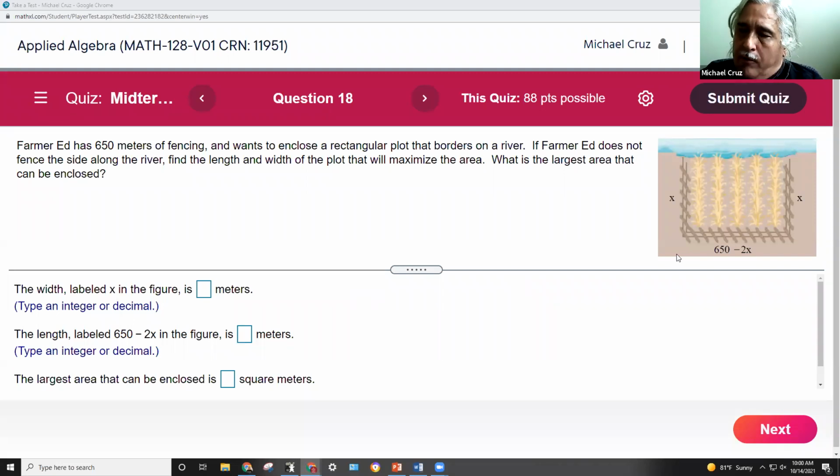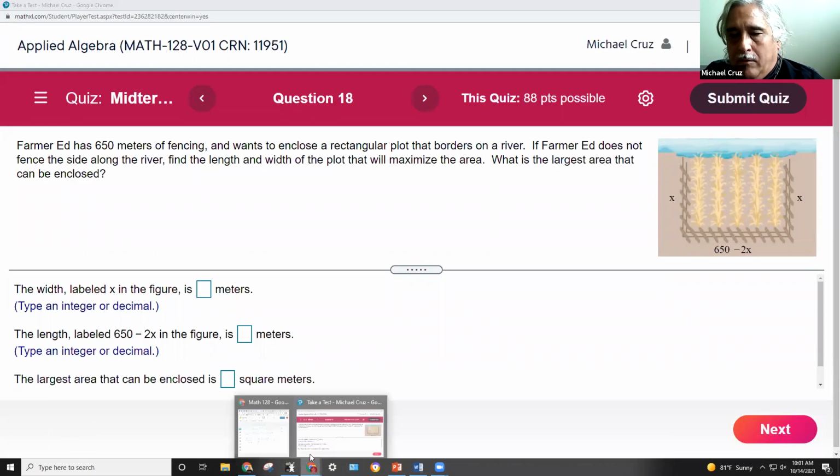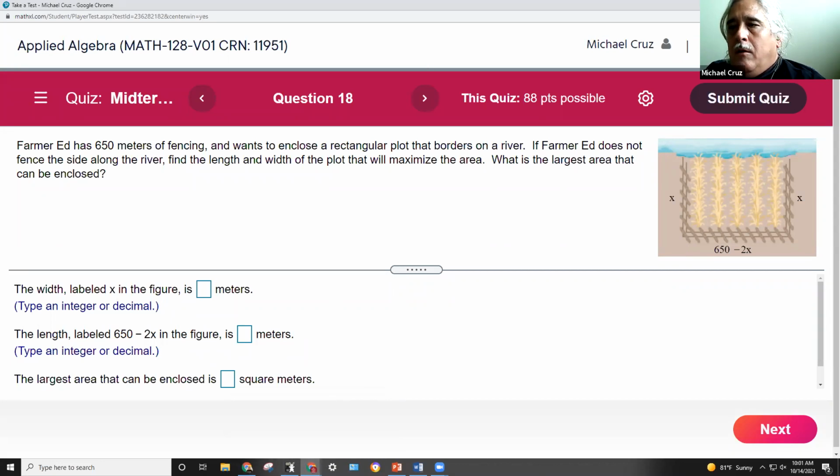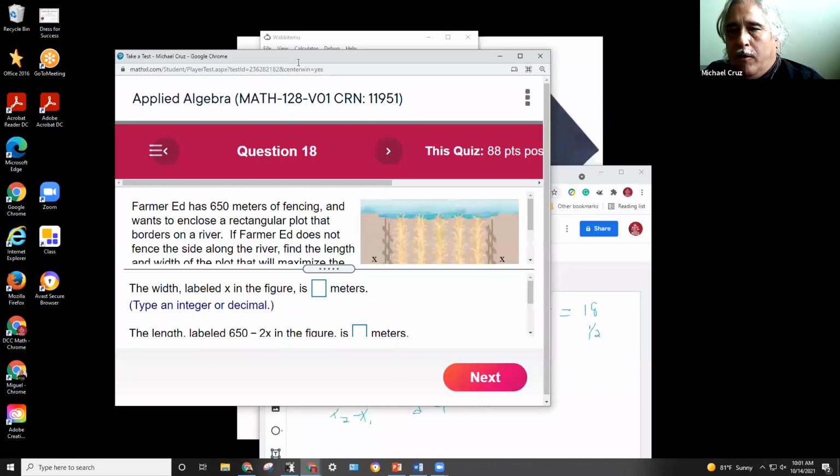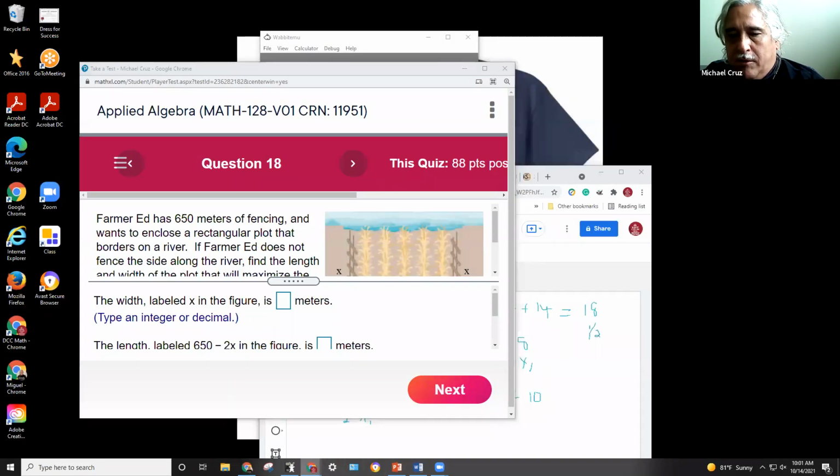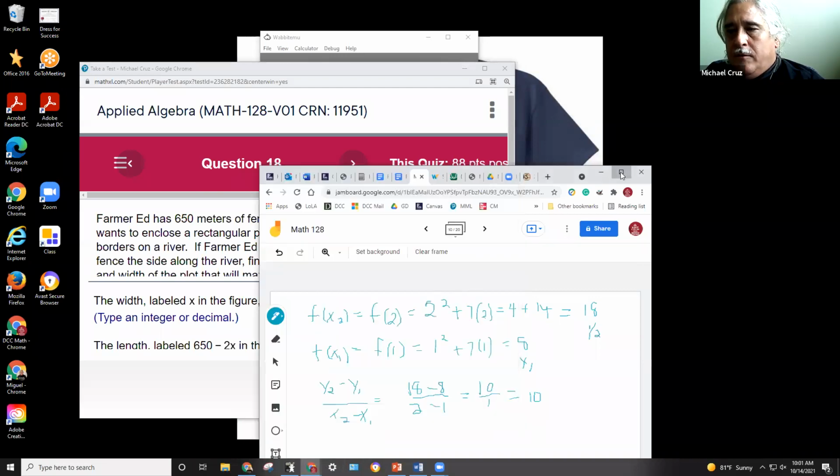Let me do it real quick on here, then I'll write it up there. I need a real big screen here. This is just not enough room to put all this stuff on here.